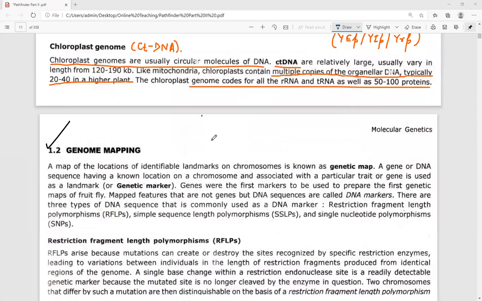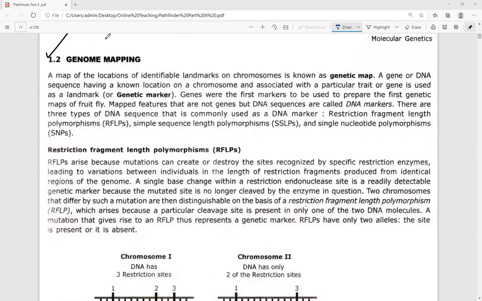Now moving forward, we are going to start with genomic mapping. What do we mean by genomic mapping? When you talk about a map, the term map refers to the location of identifiable landmarks on a particular chromosome, or over a particular area.